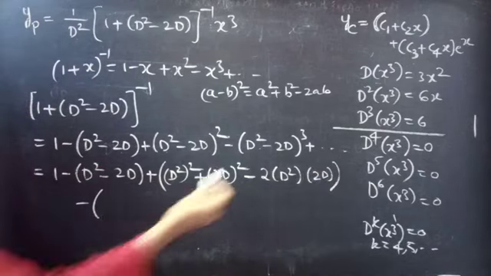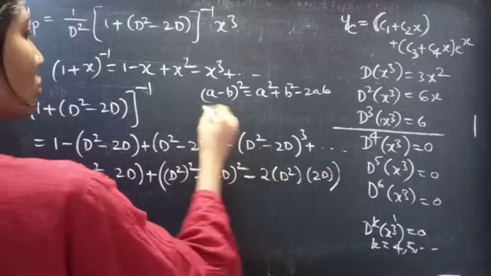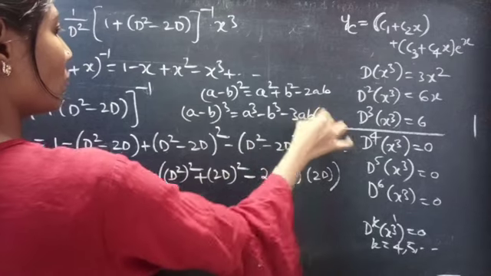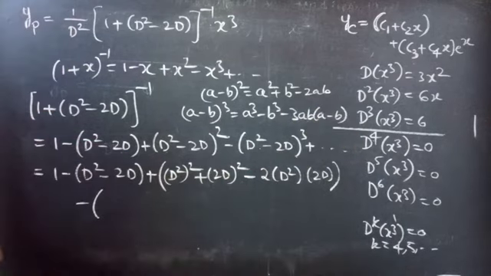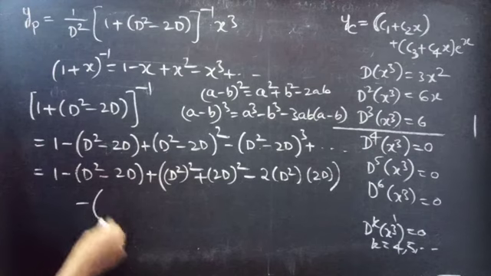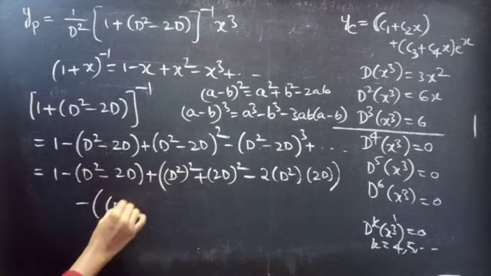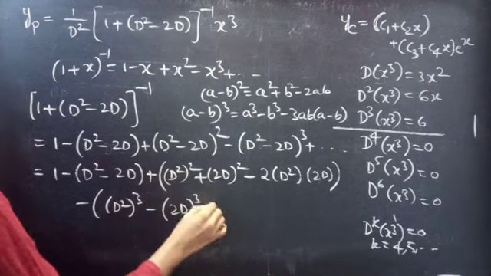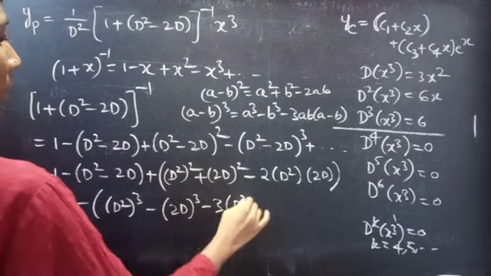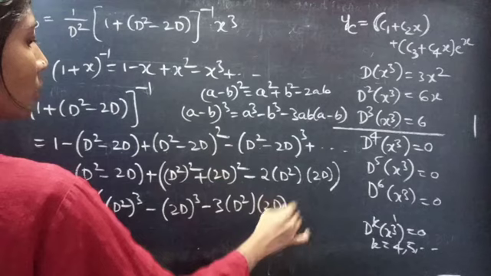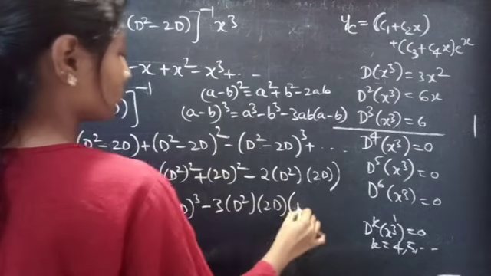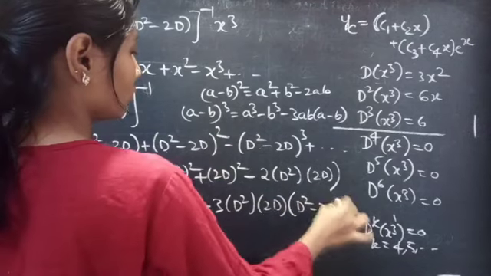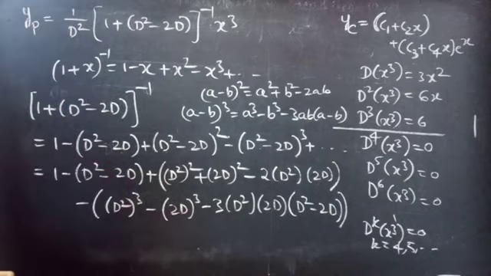Minus, expand (a − b)³ using the a³ − b³ − 3ab(a − b) formula, right? We'll get a³ (d²)³ − b³ (2d)³ − 3 into a into b into (a − b), right? Plus so on.